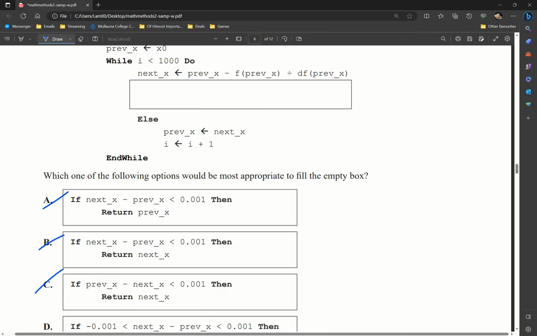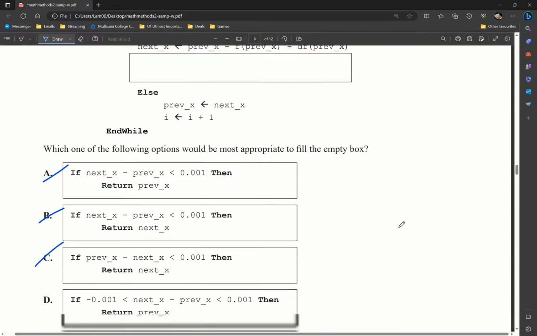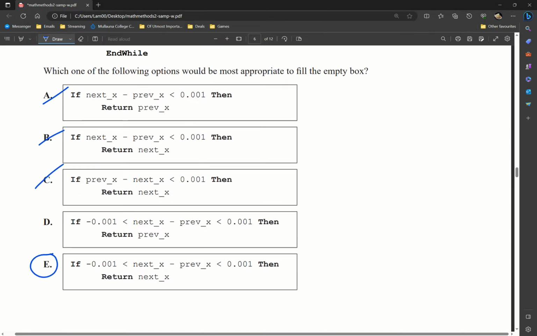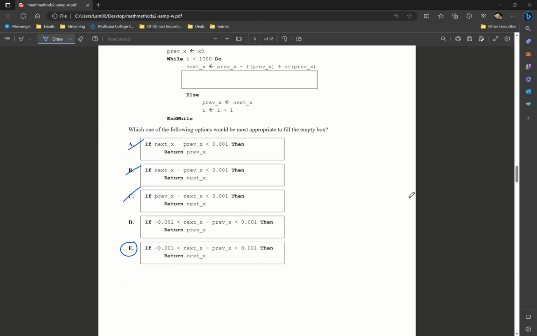In this box, we want that to be correct. Okay? So what we're looking at is the last option, where we have if negative 0.001 is less than next x value minus the previous x value, which is less than 0.001, then we return the next value of x. Okay? So we want to move on to the next one. Otherwise, we put in previous x as next x. Any questions? Okay.